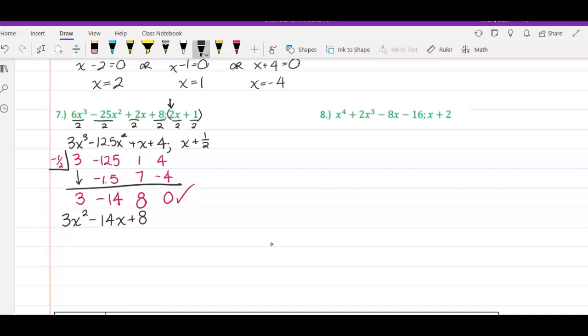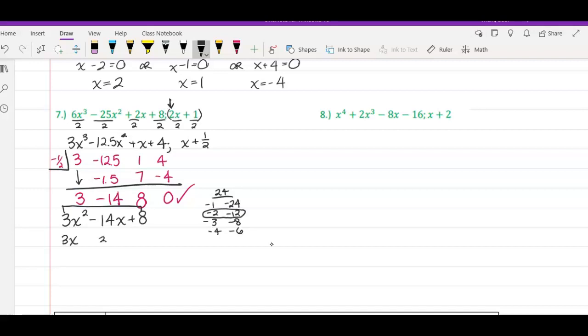And now we can continue to factor this polynomial. I have to think what multiplies to give me 3 times 8, or 24. -1 and -24, -2 and -12, -3 and -8, -4 and -6. And you can see right here, a few factors back, we have our winning combination.